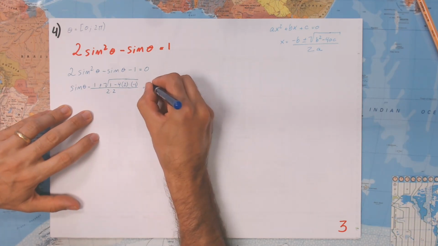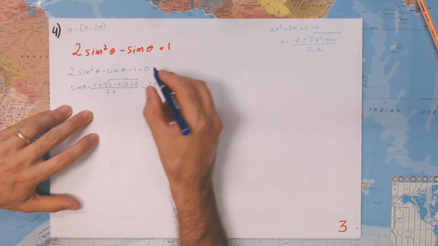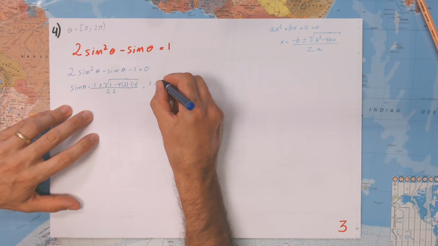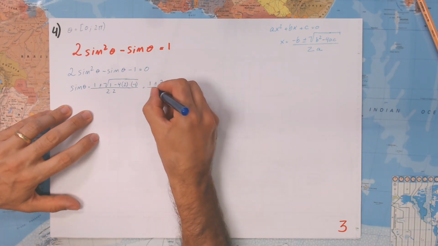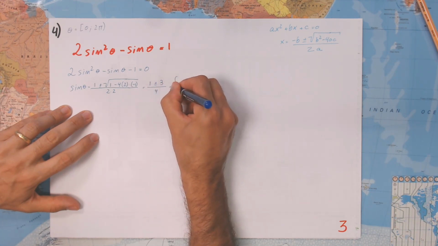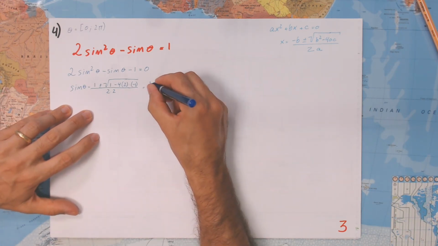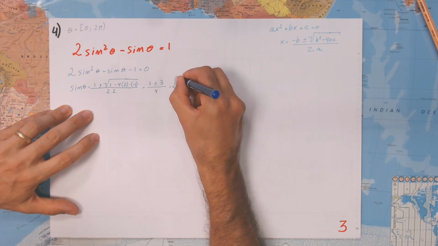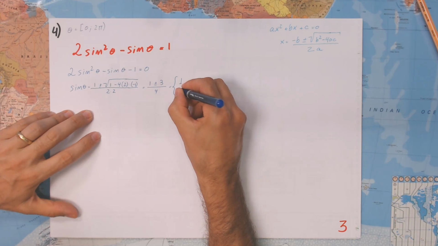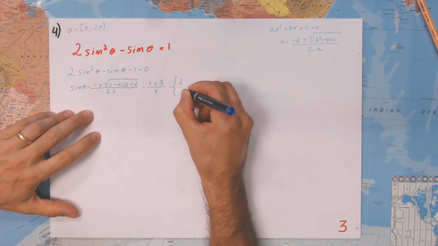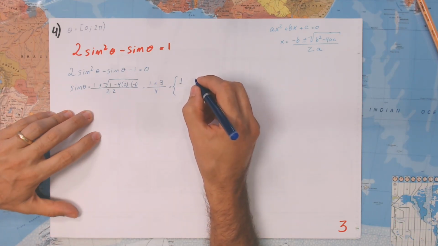This is 1 plus or minus the square root of 9, which is 3, divided by 4, and this is going to be 2 values. 3 plus 1, 4, divided by 4, just 1, and 1 minus 3 is minus 2, and minus 2 over 4 is just minus half, right?